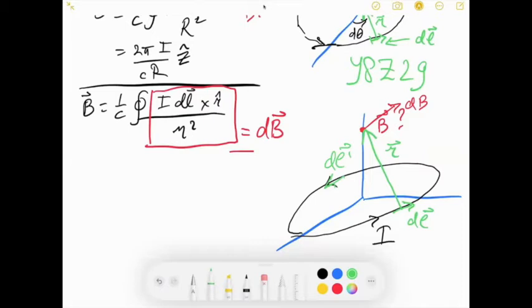And now it's not too hard to show that that z component, that's just straight up geometry, that dB z component is actually dB times the sine of phi, where phi is this angle.